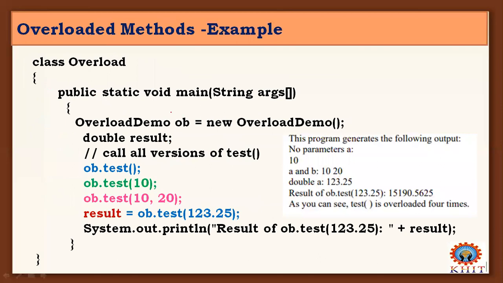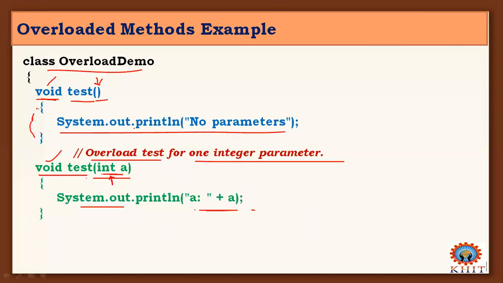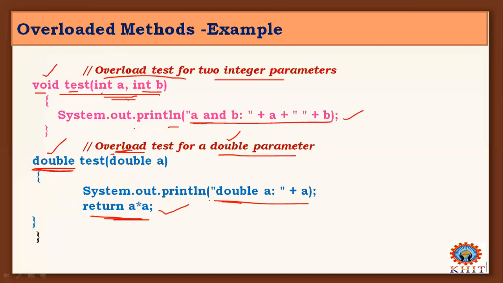Next one, coming to the main class, the class overload here. In this main function I have created one object for the previous class, called OverloadDemo, where I defined these four types of methods.